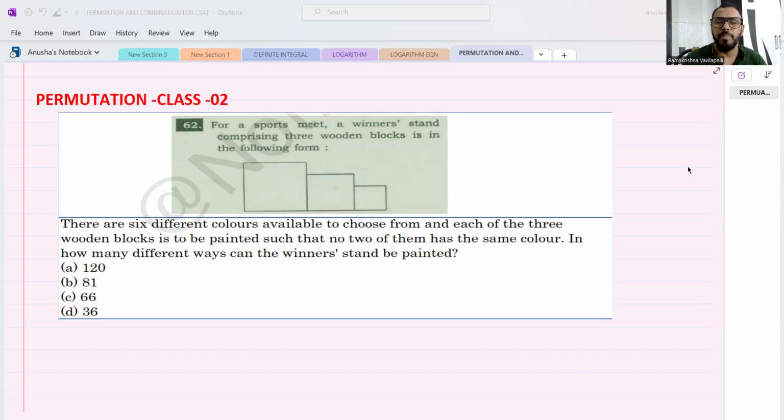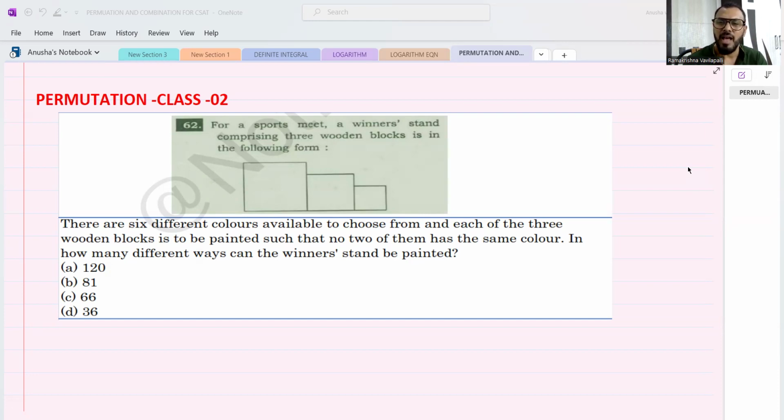Permutations. In class 1, I explained what the product rule and the addition rule are, and how to find the number of arrangements of objects taken some or all at a time using the box method.